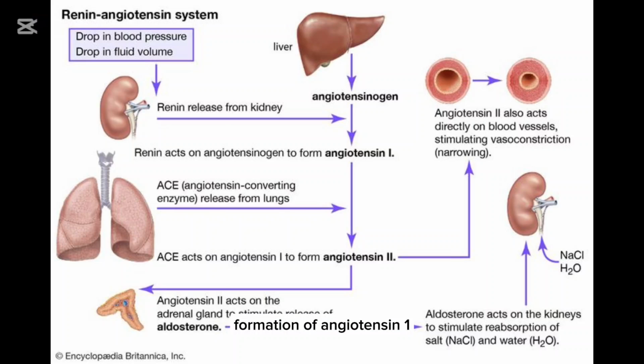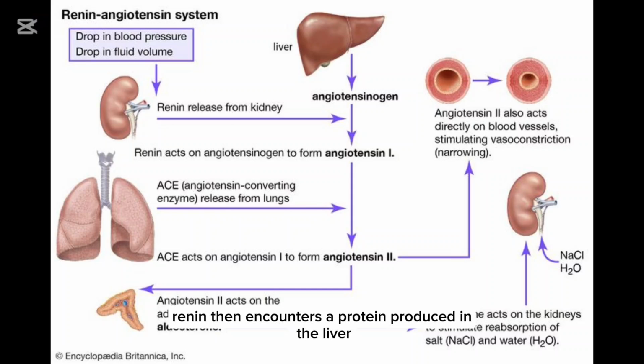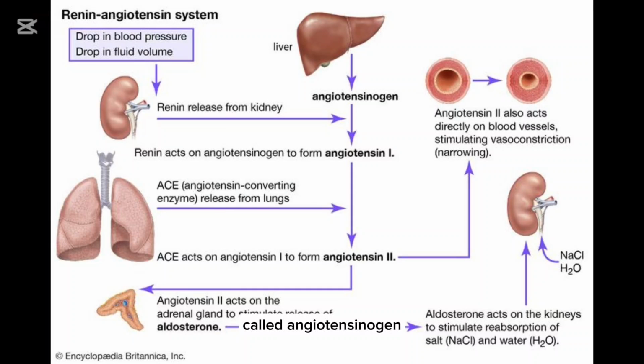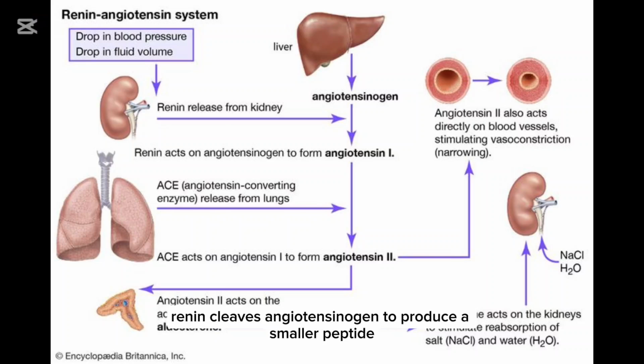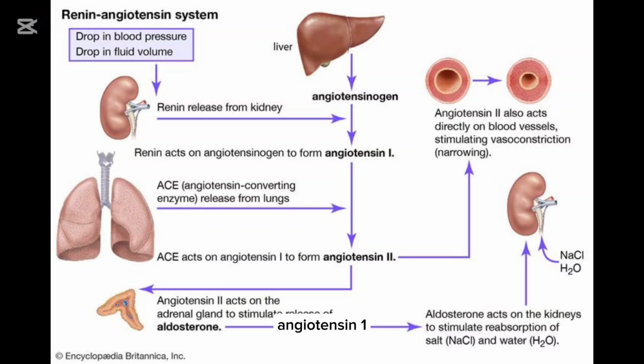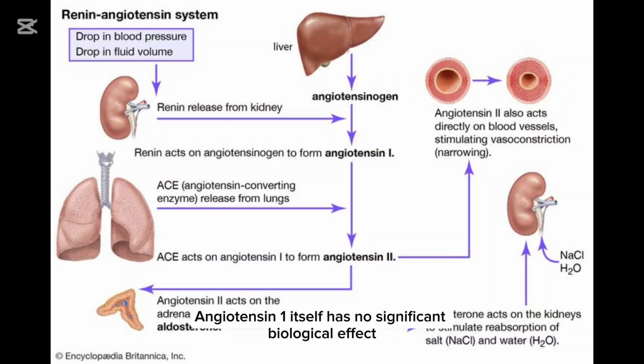Formation of angiotensin 1: renin then encounters a protein produced in the liver called angiotensinogen. Renin cleaves angiotensinogen to produce a smaller peptide, angiotensin 1. Angiotensin 1 itself has no significant biological effect.